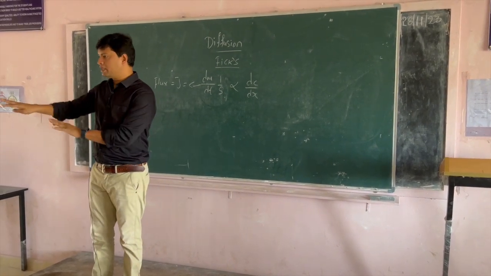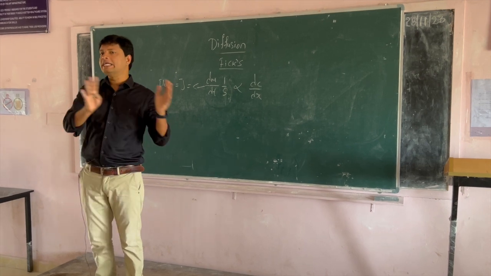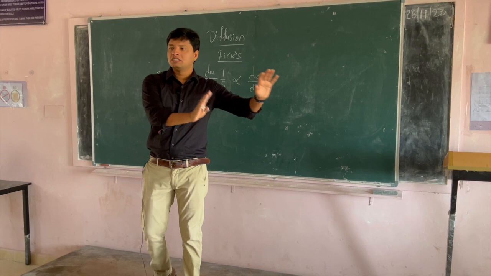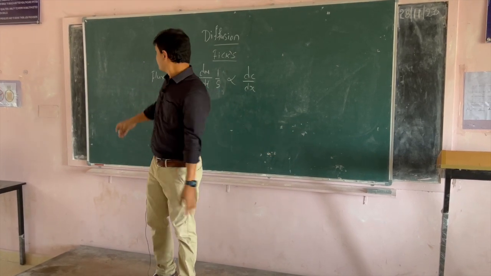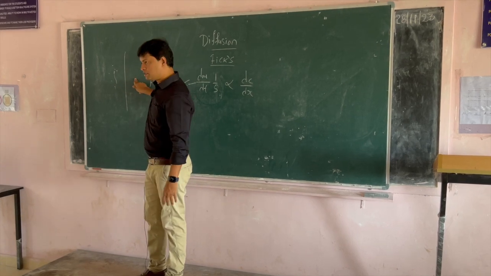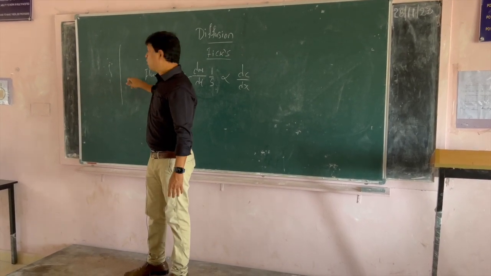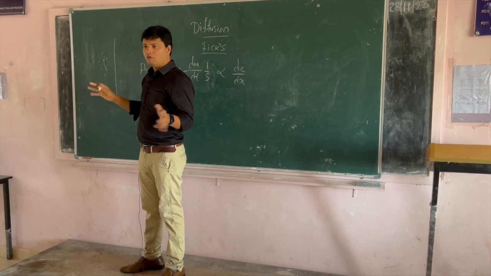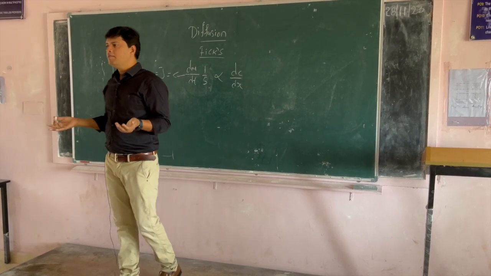If students are more here and fewer there, I say student gradient. Like that, concentration is more on this side and less on this side. This side we have more molecules, this side we have fewer molecules. Hence they are moving. Once the concentration becomes equal, there will be no further movement.